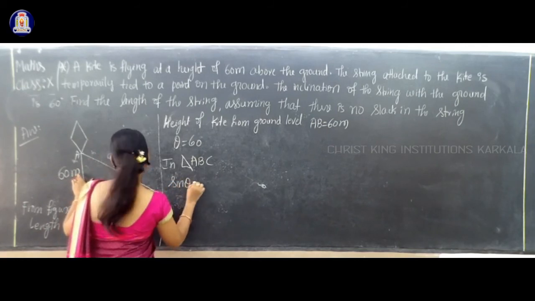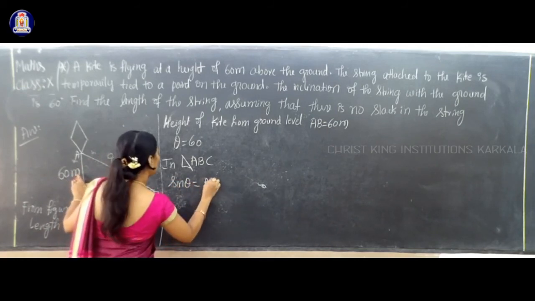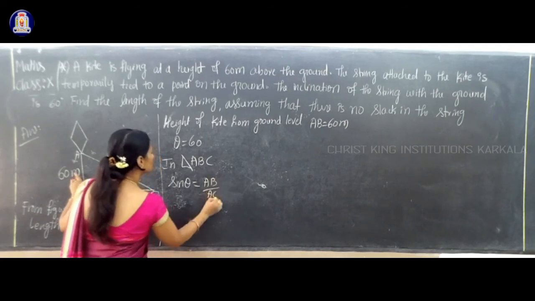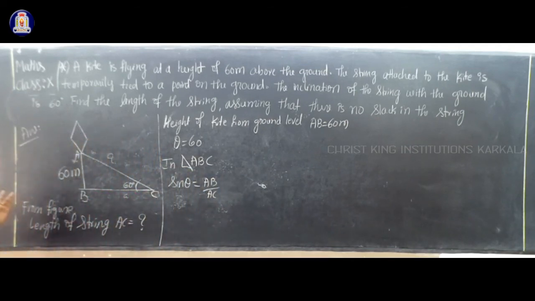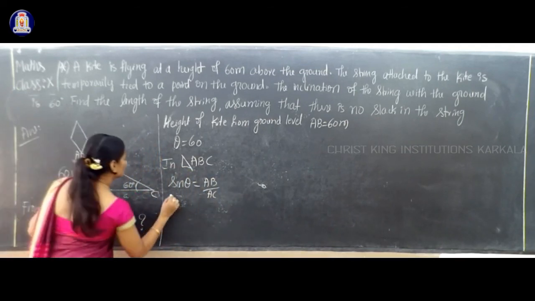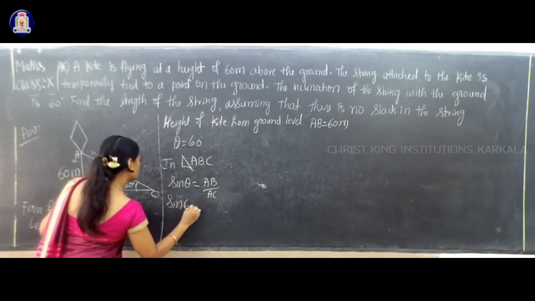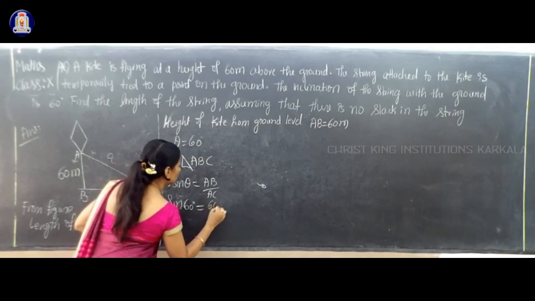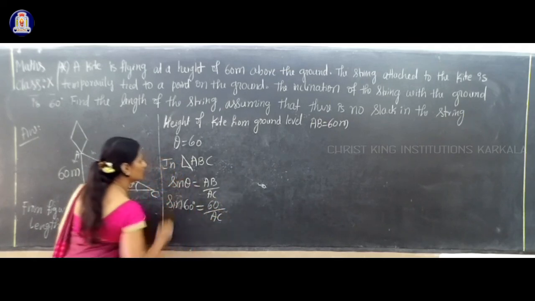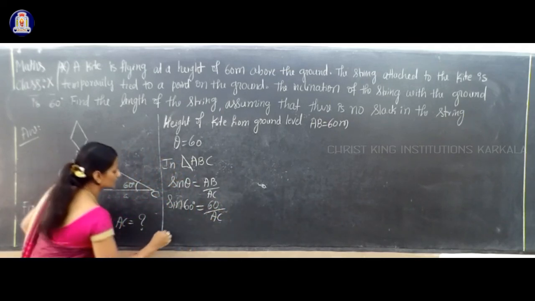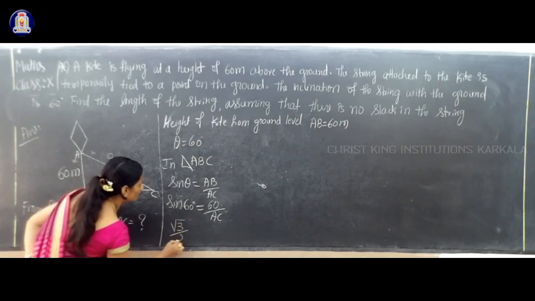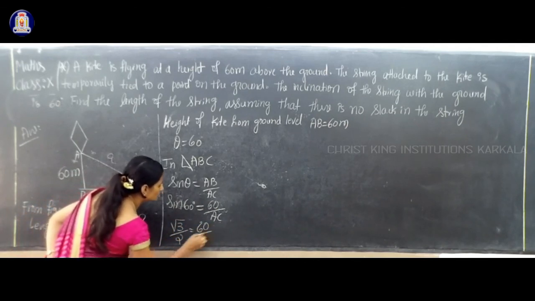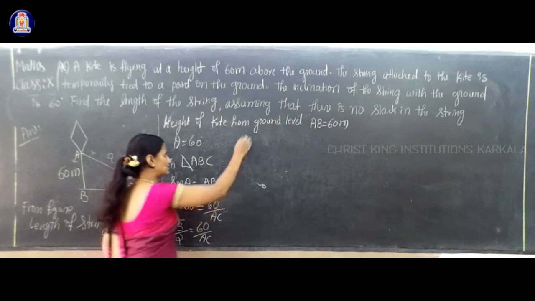Sin theta is equal to AB divided by AC, opposite side divided by hypotenuse side. Theta is 60 degrees and AB is 60, divided by AC, which is not given. Sin 60 is root 3 divided by 2, equal to 60 divided by AC.